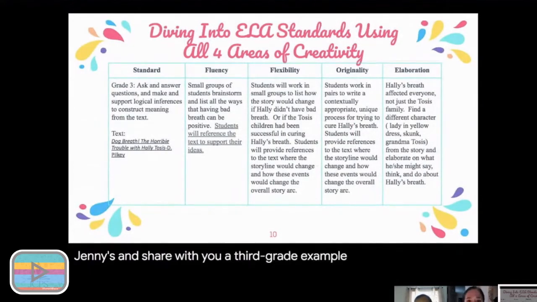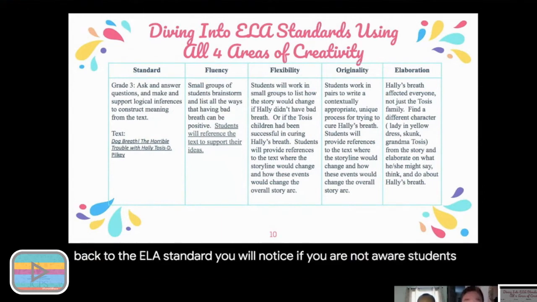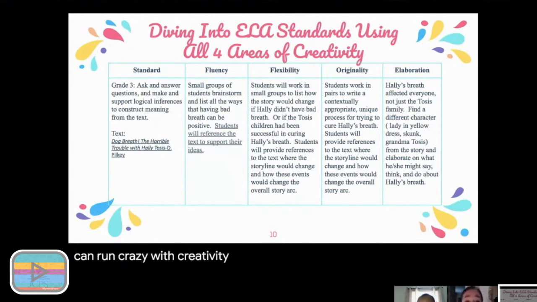And I really want to reiterate what Kerri is saying. I hope you're noticing how she brings these creative strategies back to the ELA standard. You will notice, if you are not aware, students can run crazy with creativity. So I want to stress that you keep it contextual.